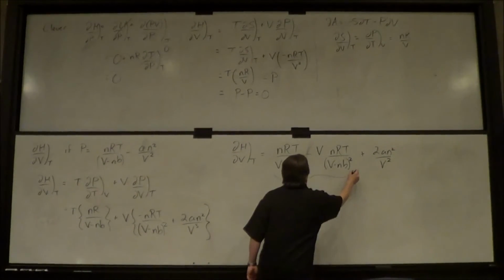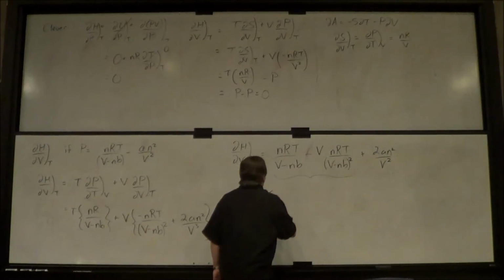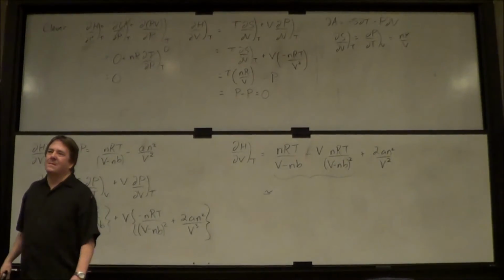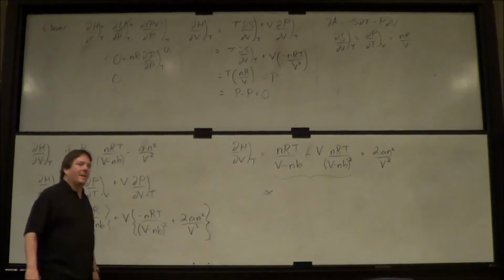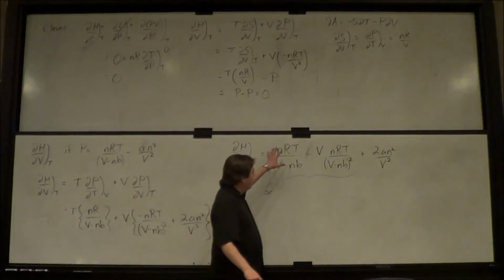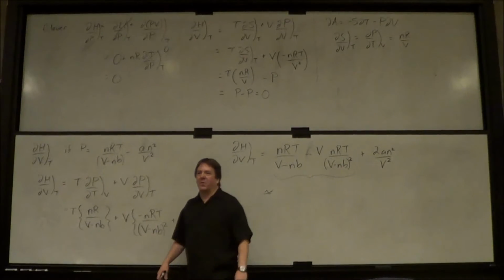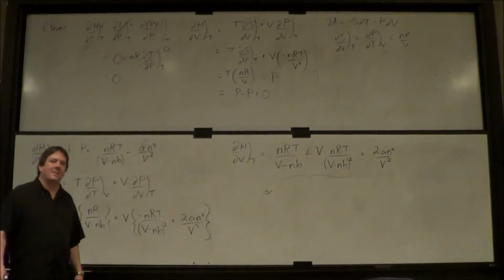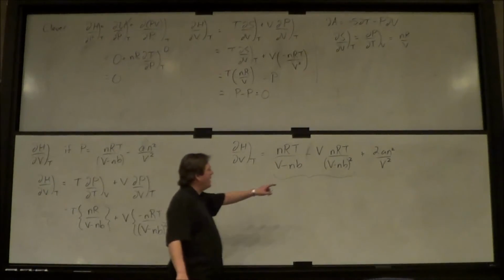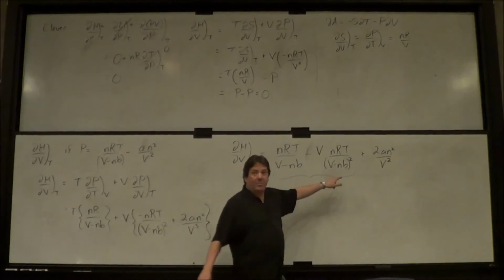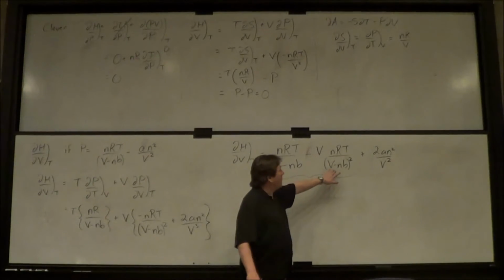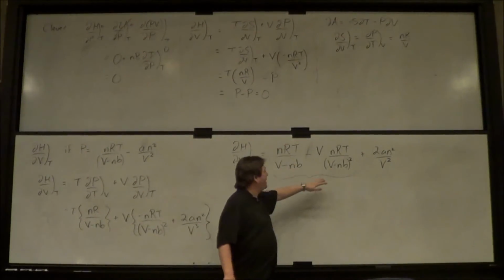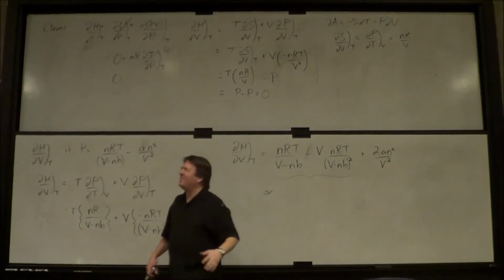Now, what does this look like to you? Does that look like a big number? I just want you to look at this and appreciate how different these two numbers are. Are they terribly different? No, because if nb is small, like we're talking about a big volume, then I've got volume over essentially volume, returning nRT over (V minus nb).